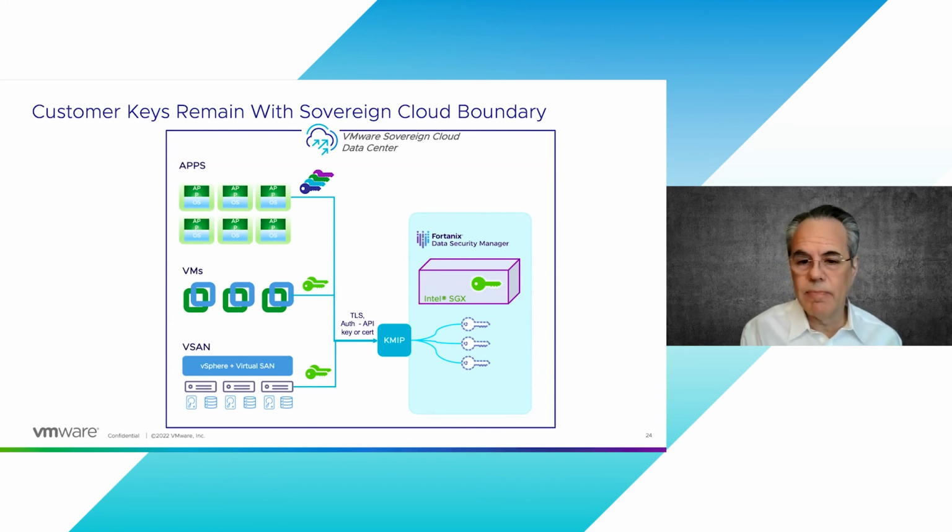So this really isolates the key material from the data, and also makes sure that even the cloud hosting provider has nothing to do with the data, and no availability of the keys.